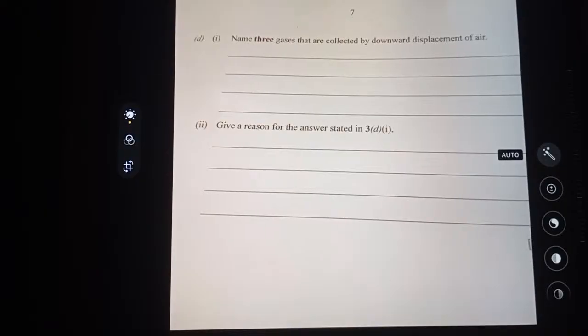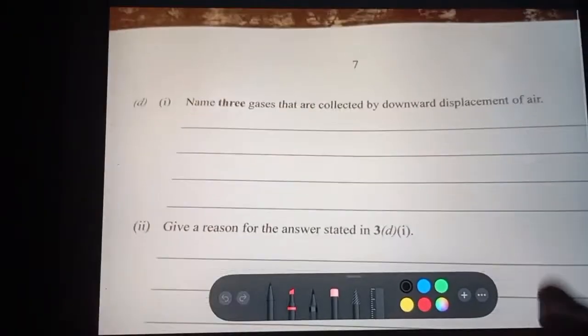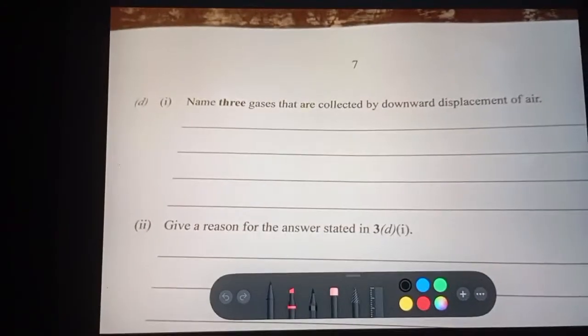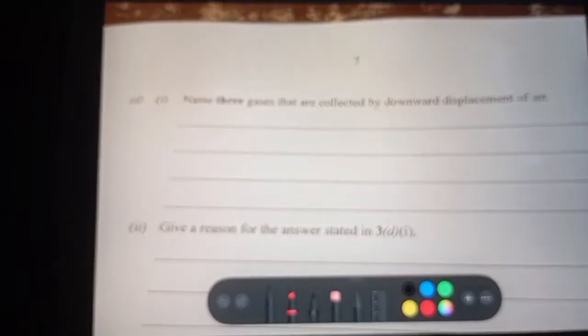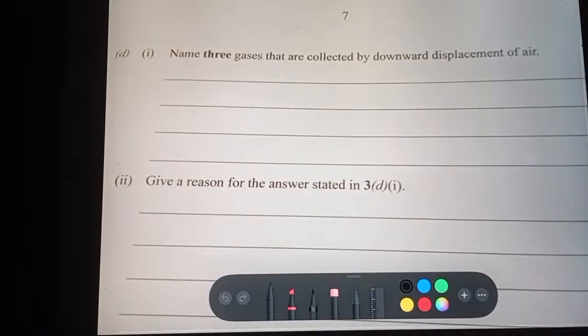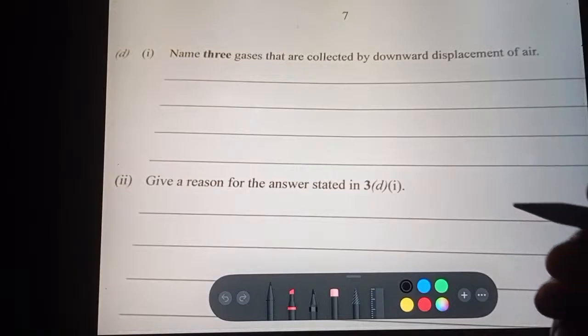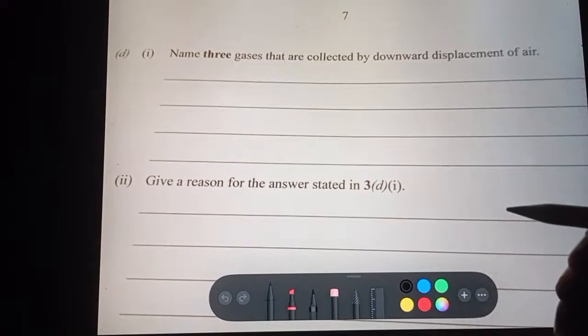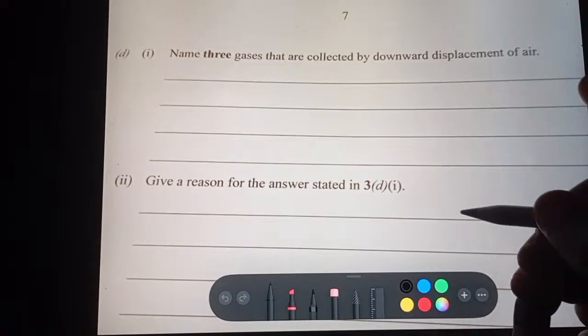Don't just keep memorizing that this gas is collected by downward. I told you downward displacement of air is called upward delivery, while downward delivery is called upward displacement of air.